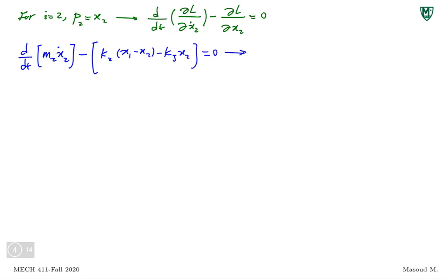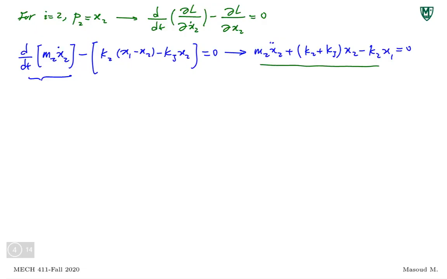I'll take the derivative with respect to time from the first term, which would be m2 x2 double dot. If I move things around, we're going to get plus k2 plus k3 times x2, and then minus k2 x1 is equal to 0.